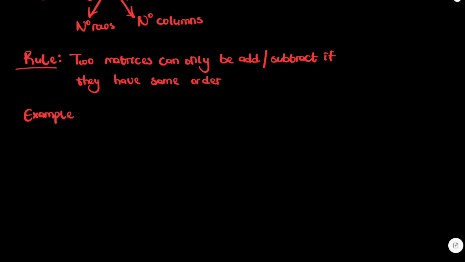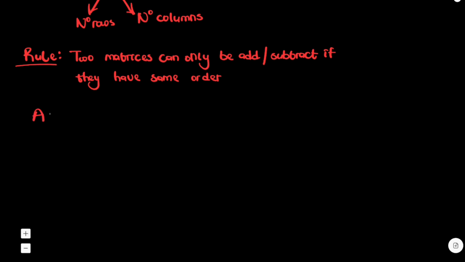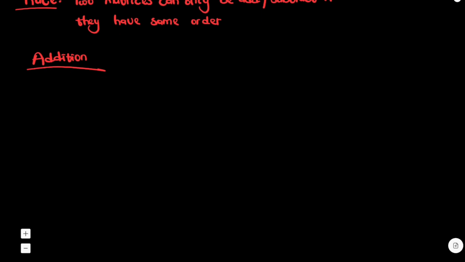So let's start with the first one, addition. Let's have a matrix A: 1, 2, 3, 4, and B: 5, 6, 7, 8.